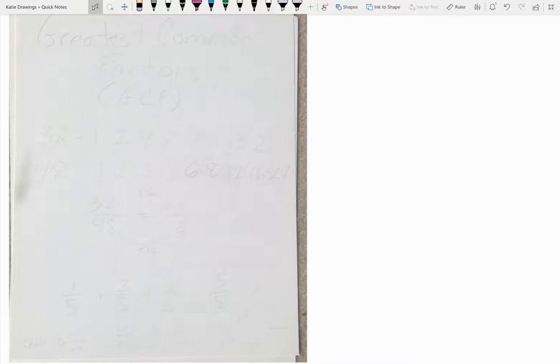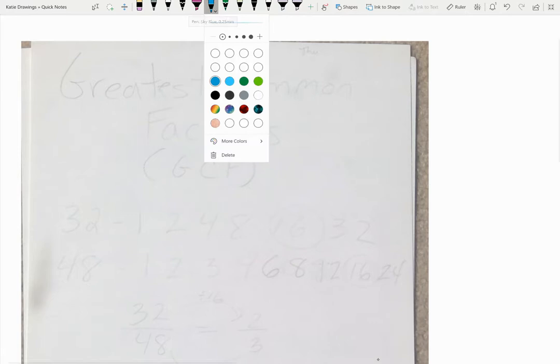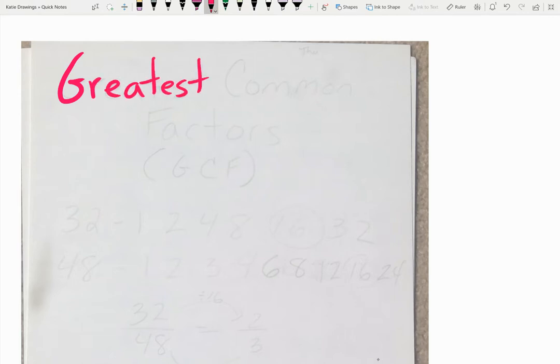Happy Thursday. Today's lesson is all about greatest common factors. Go ahead and get out your pencils, or some colors if you like. We are writing greatest common factors: what they have in common, and then factors, kind of like numbers.